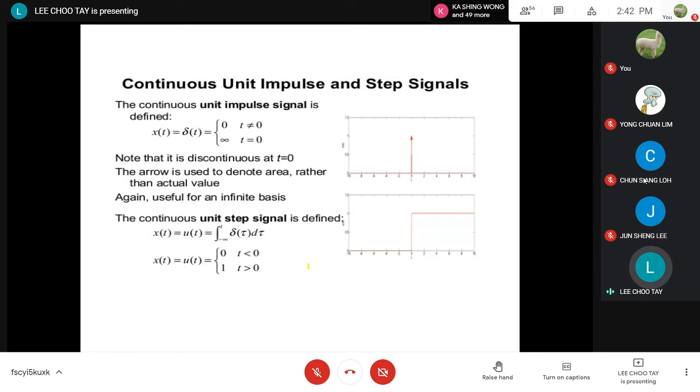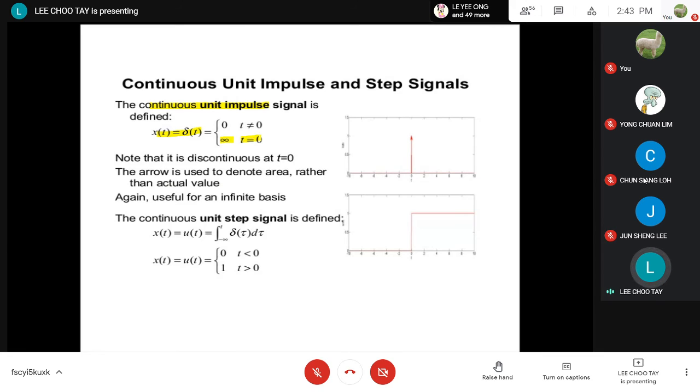And for continuous, meaning continuous in time, it is very similar. Instead of n, we use t. So x(t) equals delta(t), and delta(t) has a value of infinity when t equals 0.